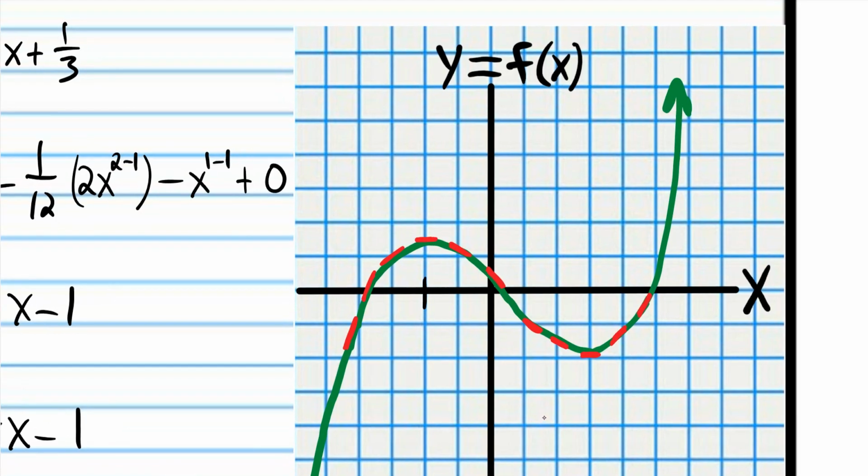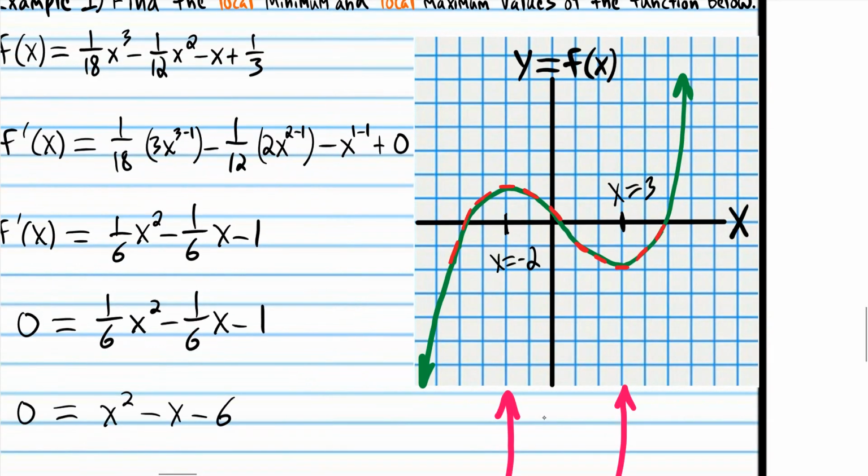So we know that they occur at x is equal to -2, and we know that they occur at x is equal to 3. But we haven't actually found the maximum value or the minimum value in these regions. We just found where they are. Is that clear? We only found where they are.